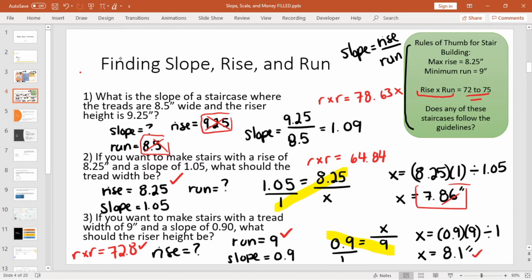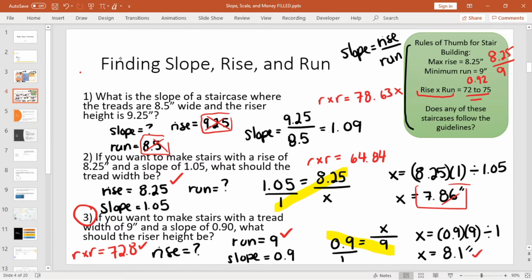So of the 3 staircases I just built, the only good one is here. And I should have known that because when I look at the max rise, which is the highest I can get, and I divide it by the minimum run, so this number can go down on top and the number on the bottom can get bigger. So that, when you divide, that makes a slope of 0.92, which will be the maximum slope we would ever produce.